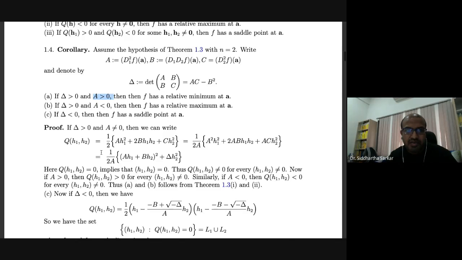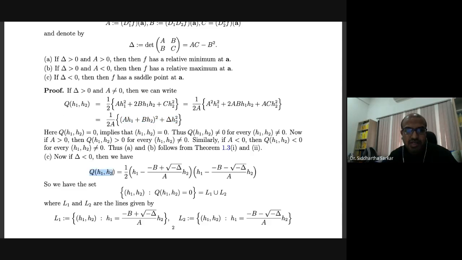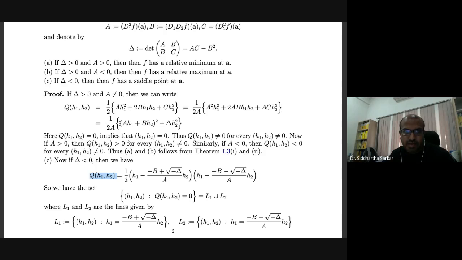So I won't be able to write this particular thing. But in this particular case, Q(h1, h2) I'll be able to factor into two terms just using quadratic factorization. This is very much the same as solving a quadratic equation, and you will see that these two are the only solutions for h1 by h2. So if I directly open this up and write down this form cleanly, it turns out to be this particular factor over here.